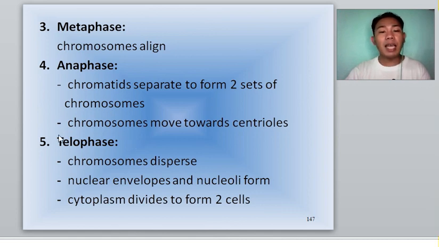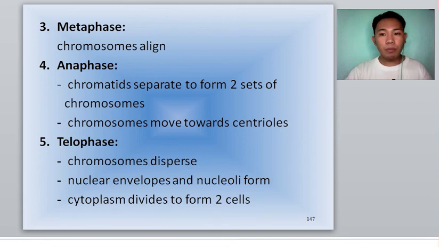Lastly, we have the telophase, where chromosomes disappear and nuclear envelopes and nucleoli will form again, and the cytoplasm will divide, forming two cells.